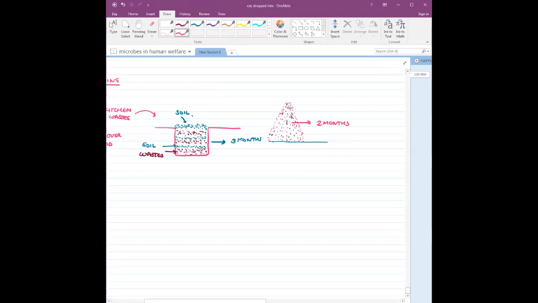But after these 2 months, guys, what is going to happen? Whatever bacteria, fungi, everything that was present inside are going to convert this entire waste into a black powdery substance. And what is this black powdery substance, guys?